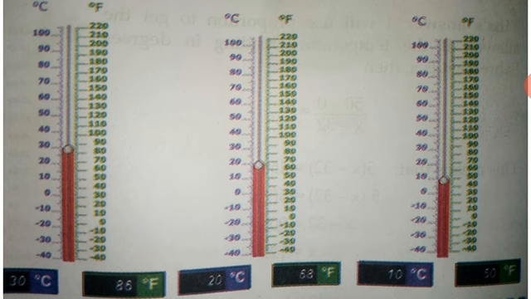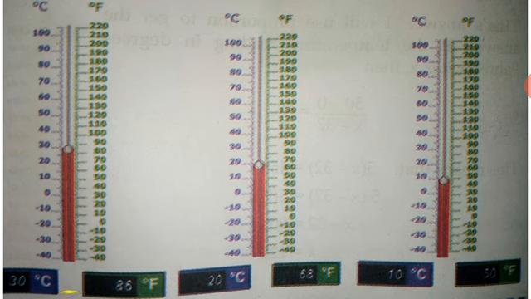You can see here in the first picture that the water level is at 30. It means that this is 30 degrees Celsius, and for Fahrenheit, it is in between 90 and 80, so that is 85.